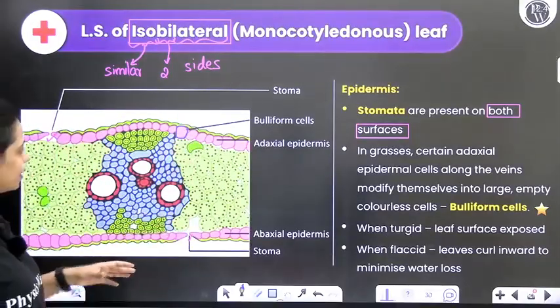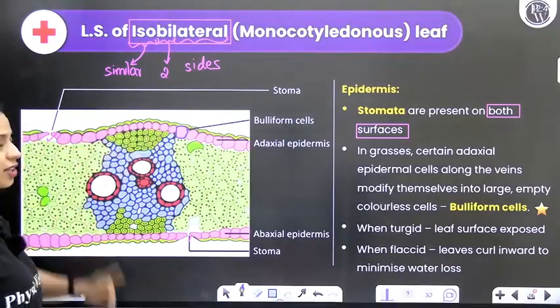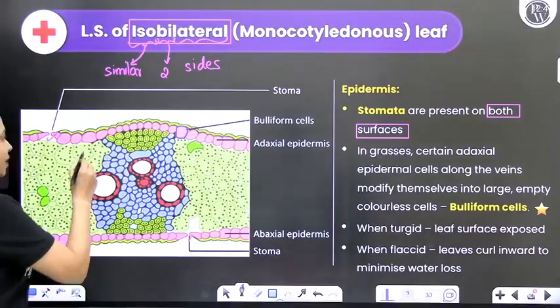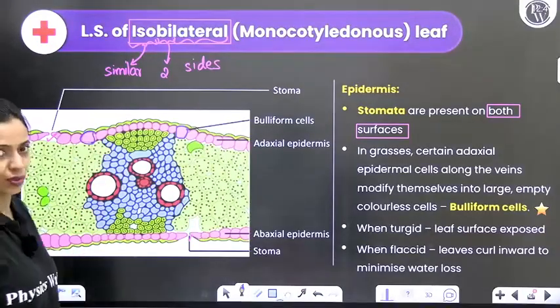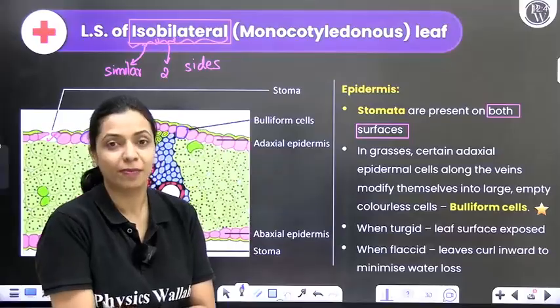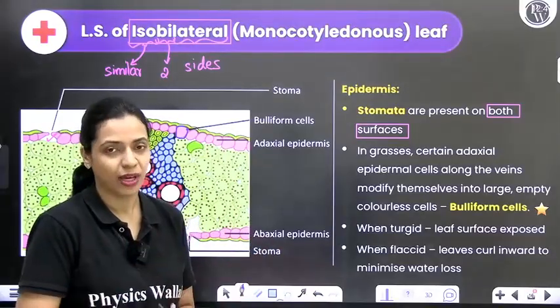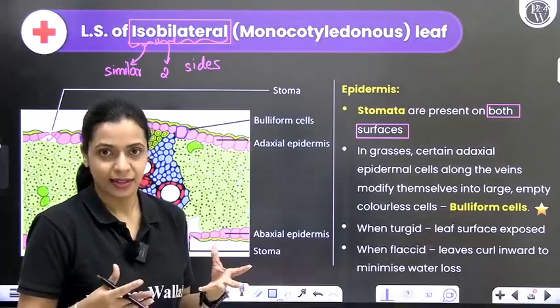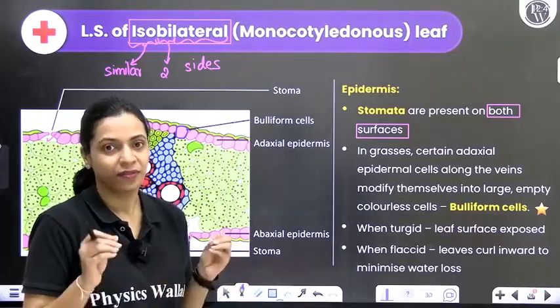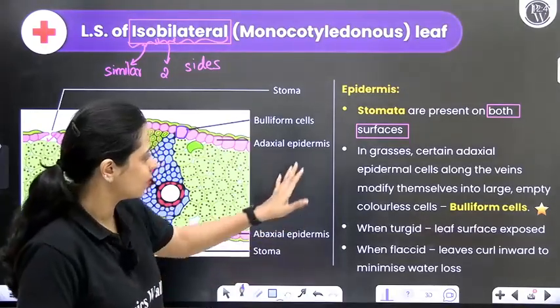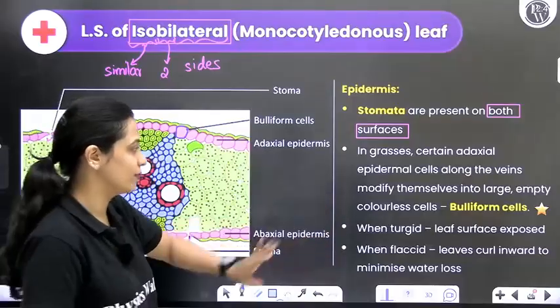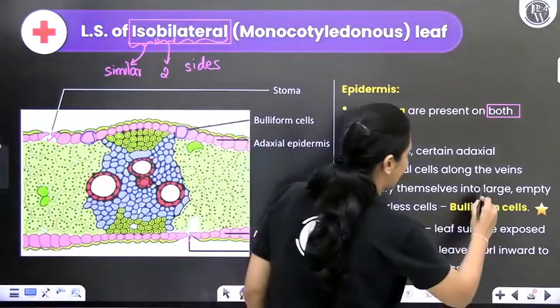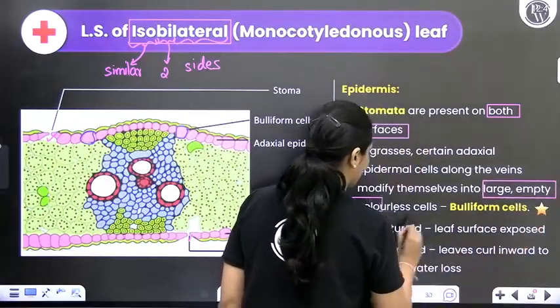They will appear slightly different from the other epidermal cells. How do they get modified? They become modified by becoming bigger in size compared to the other epidermal cells, and they will become colorless and they will have vacuoles. Okay, so adaxial epidermal cells modify themselves into large and empty colorless cells.